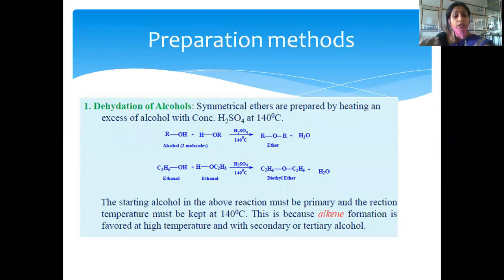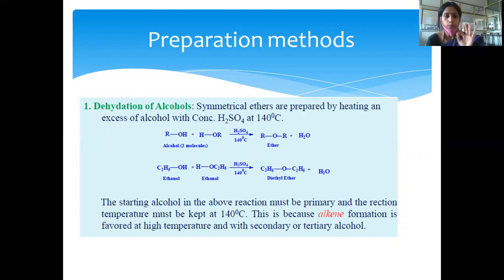Because alkene formation is favored at higher temperature and with secondary or tertiary alcohol. So the first condition is that the alcohol we are using should be primary and the temperature must be maintained at 140. Why? Because if the temperature is increased or if the alcohol is not primary but secondary or tertiary, then the product will not be ether, rather it will be an alkene.